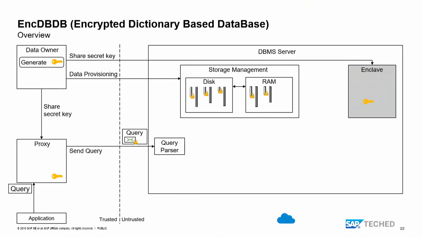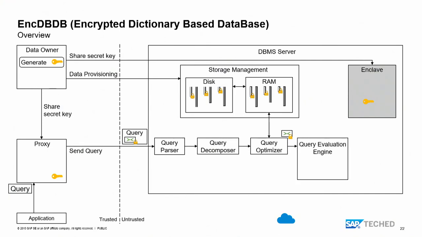At the database management server, a query pipeline starts. That depends on the database management system you use. For example, some query parsing and query decomposition happen, and a query optimizer does some things. For example, it loads all the data that's required for the query from disk to the RAM. Then the query goes to the query evaluation engine that starts the query processing per column.